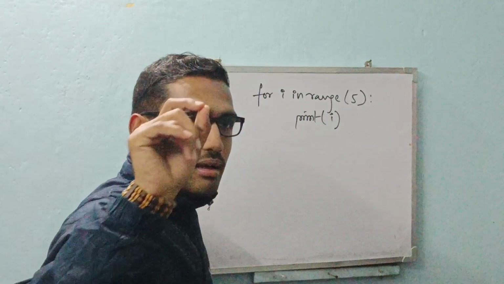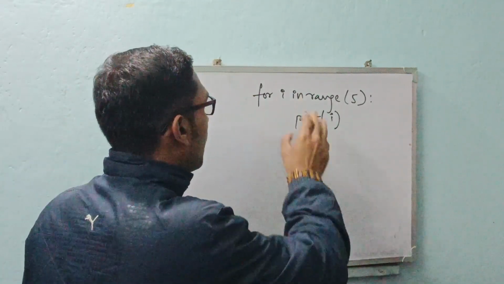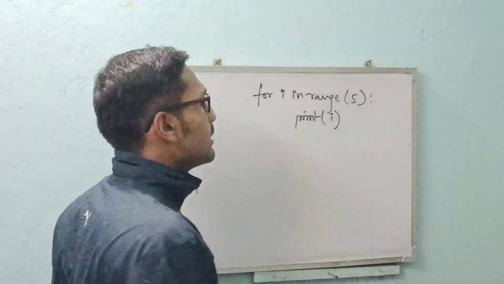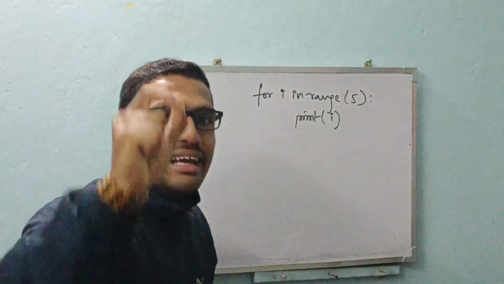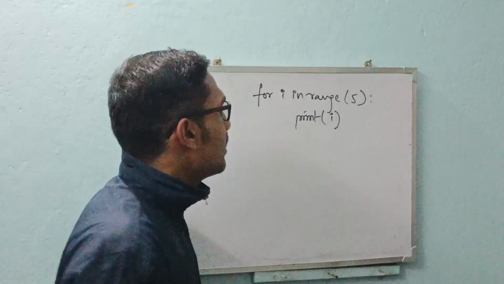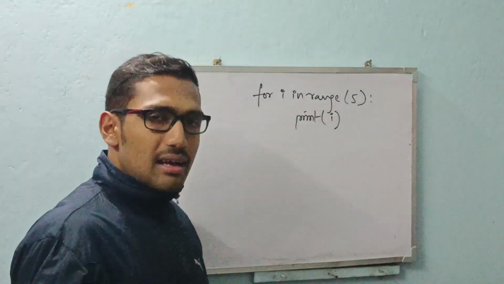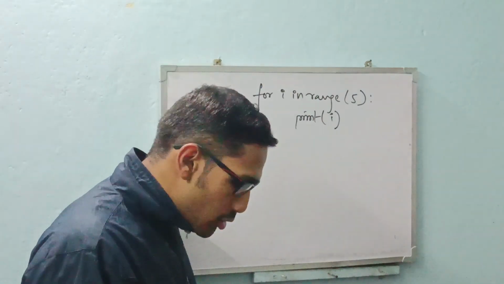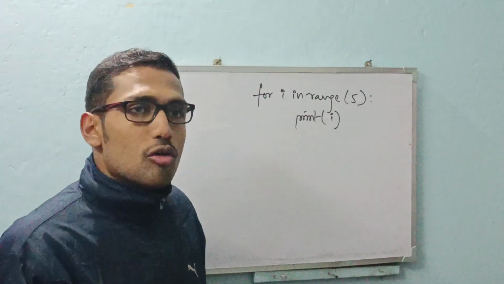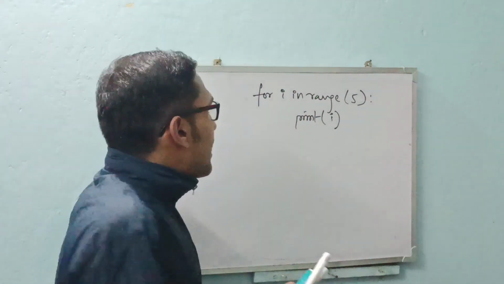In order to execute a for loop, the first step is to find out the elements which are there in the sequence data type. This range function will give me numbers from 0 to 4. So first we need to find out the numbers we get from the range function.